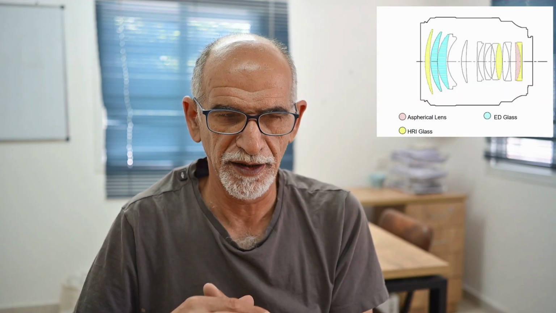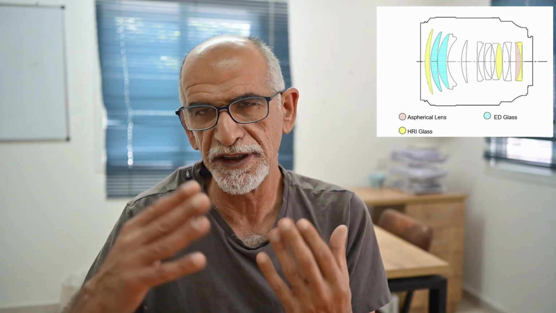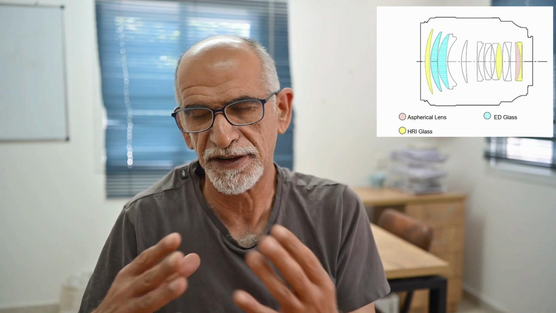It contains some ED elements that are positioned at the front of the lens, but it has a bulk of high refractive index elements towards the rear of the lens. That makes the rendering quite poppy. Definitely nicer than other short telephoto lenses for that mount.